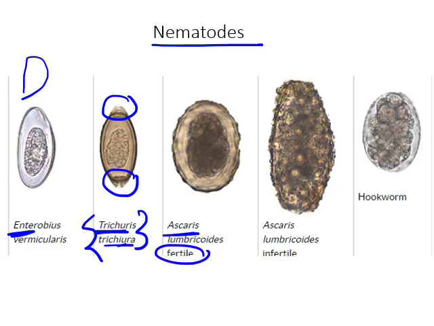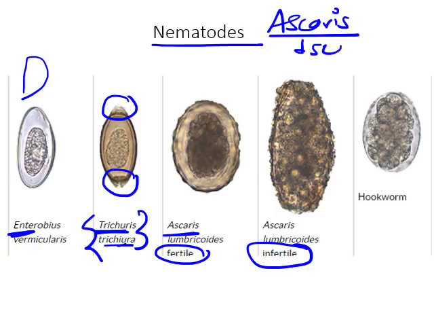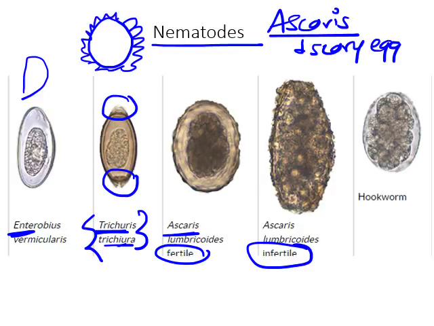Ascaris, fertile egg and unfertile egg. How do we differentiate the two? To remember Ascaris, as the name says, Ascaris is a scary egg. Why is it scary? Because the surface is not smooth. It is a bumpy or tuberculated surface. As you see here, it is a bumpy or tuberculated surface.